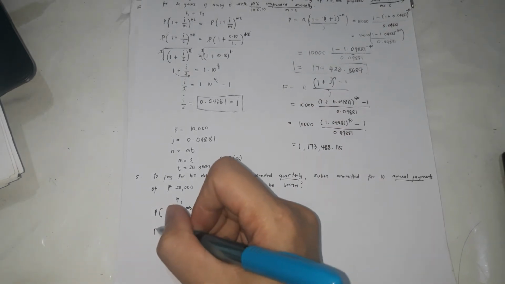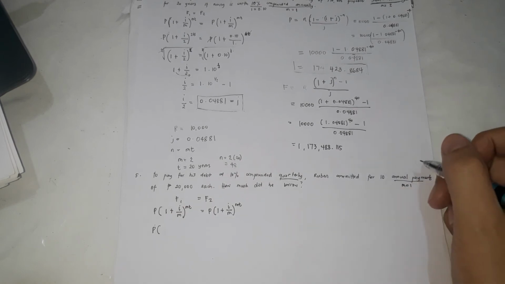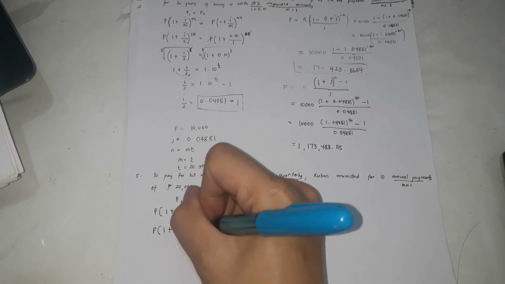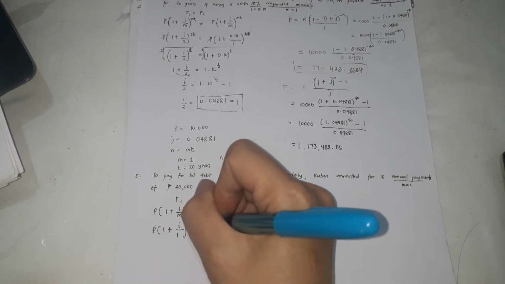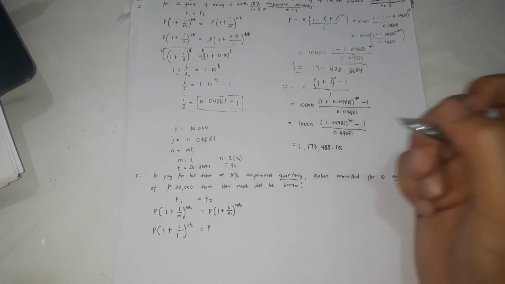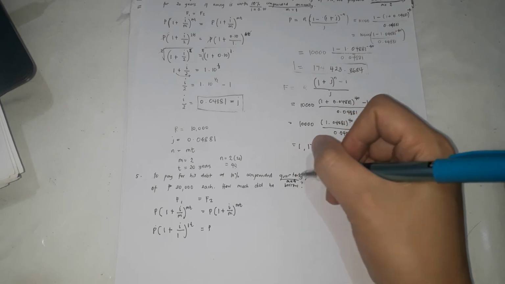So dito annual payment, so m is equal to 1. So (1 plus i over m) to the m1t is equal to p. For this one compounded quarterly, m is equal to 4.